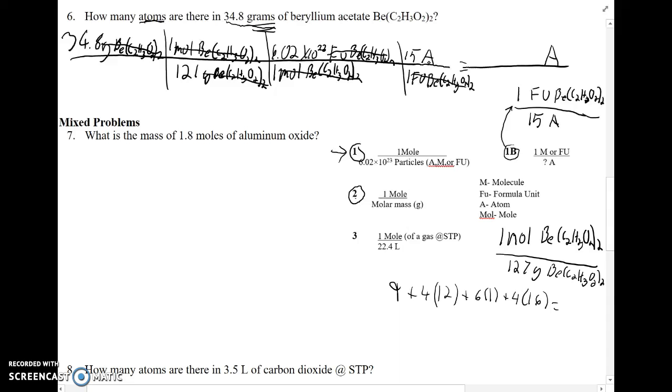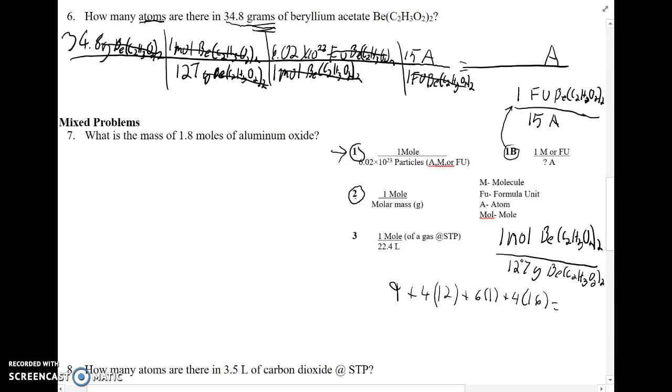So now all I have to do is go to my calculator, multiply 34.8 times 6.02 times 10 to the 23rd power, times 15, and divide that by 127 grams, which we got from down here.